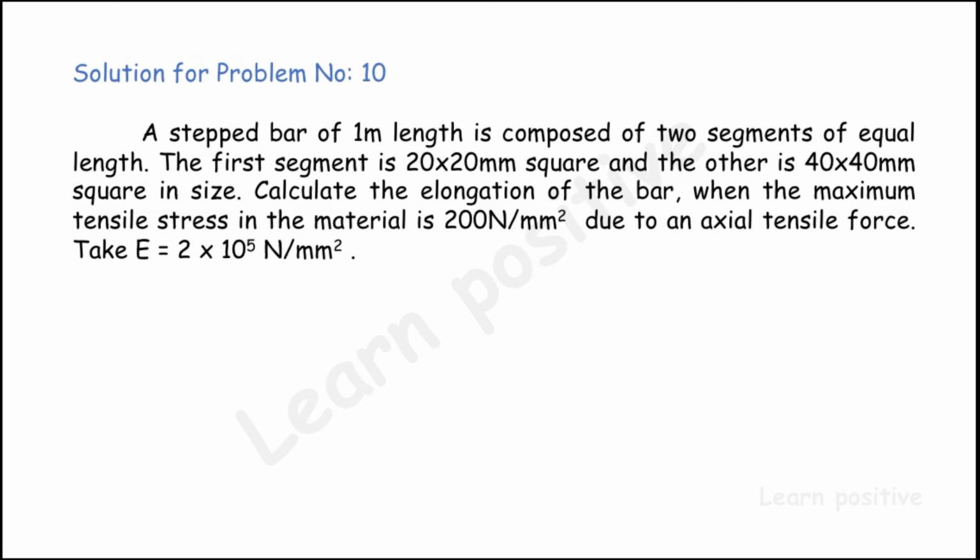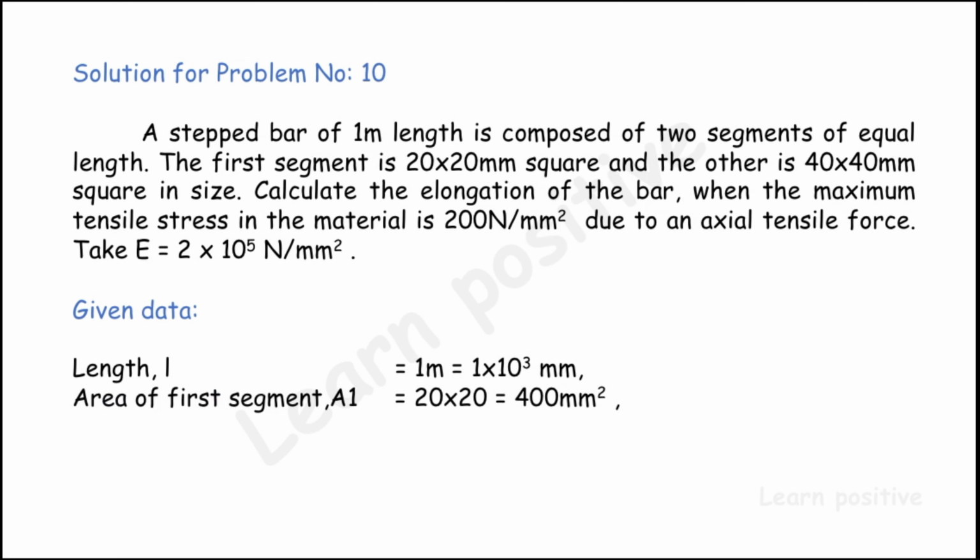Now I am going to take the given data. The overall length L equal to 1 meter, which I convert into mm, that is 1 into 10 to the power of 3 mm, that is 1000 mm. The area of the first segment is A1, 20 into 20, that is 400 mm square, and the area of the second segment is A2, 40 into 40, that is 1600 mm square.